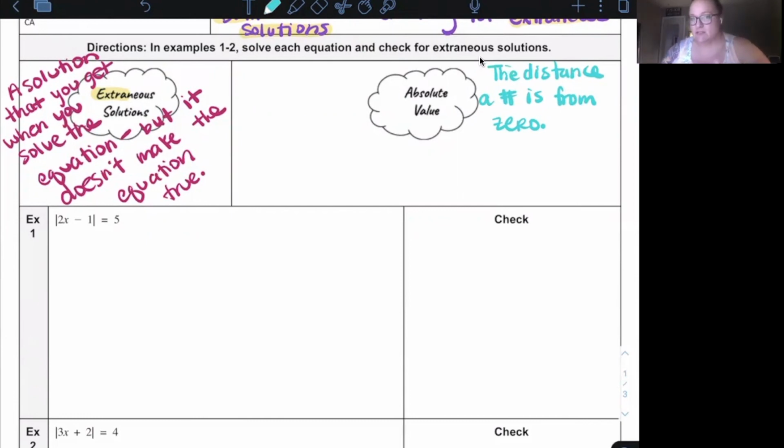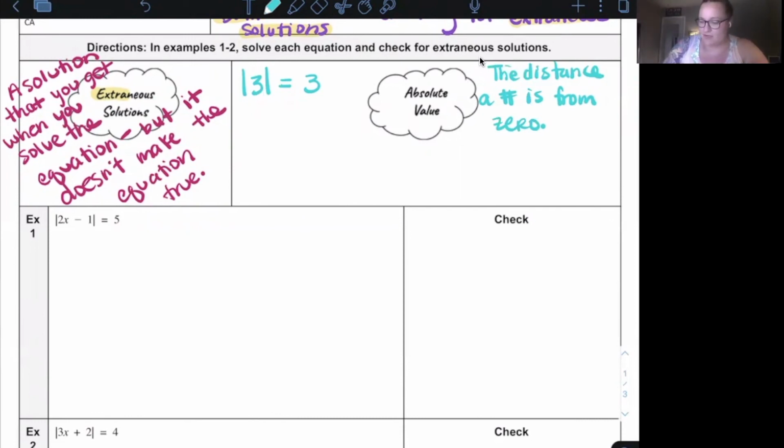So here's what we need to talk about though. If you have, let's say, the absolute value of 3, well, how far away from 0 is 3? 3, right? So the absolute value of 3 is 3. What about another number though? Is there another number that is also 3 away from 0?